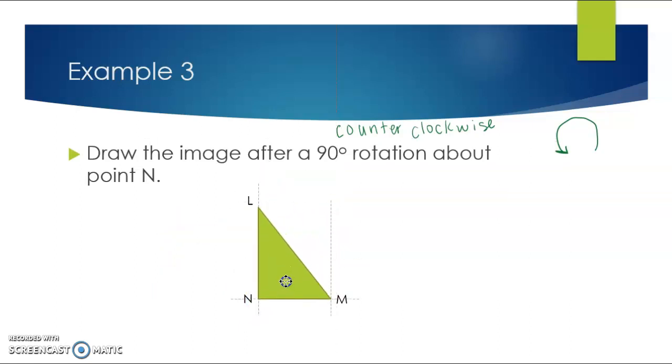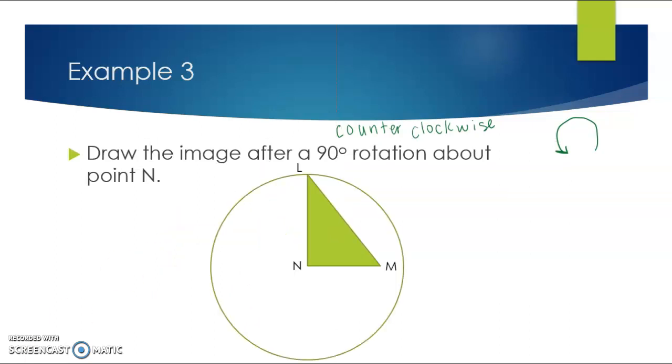Okay, I just paused it so I can move that triangle. The other way we can think about it is that there's a circle with N at the center, because that's the one that we're keeping fixed. And we're moving point L 90 degrees around the circle. So we're going to move L 90 degrees to right here.